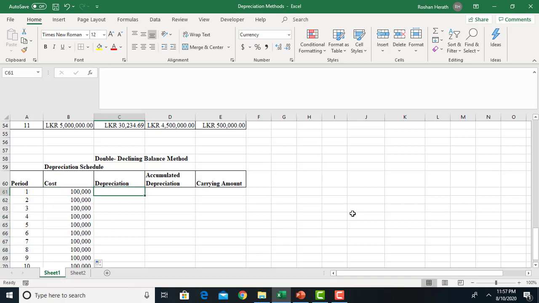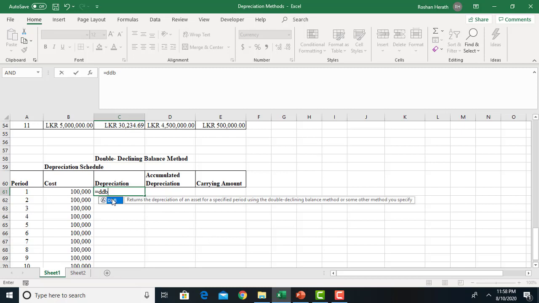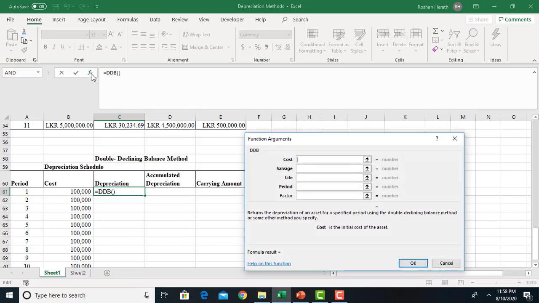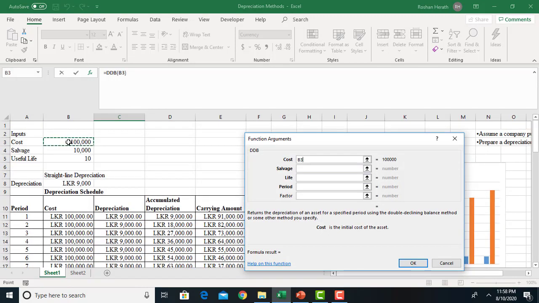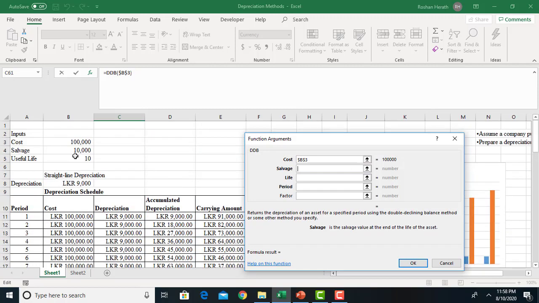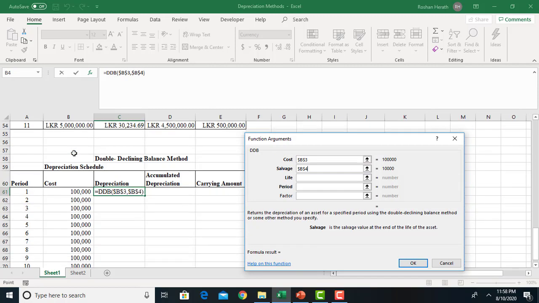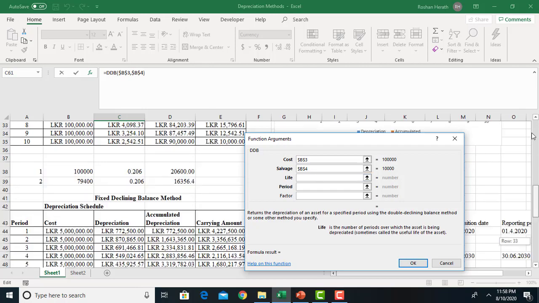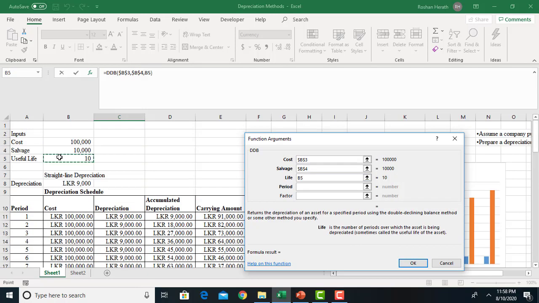Then the depreciation, this is the most important thing, and we may do this using the inbuilt formula, that is DDB, double declining balance. Here you need to input the cost, then the salvage, and the life, information you are quite used to.